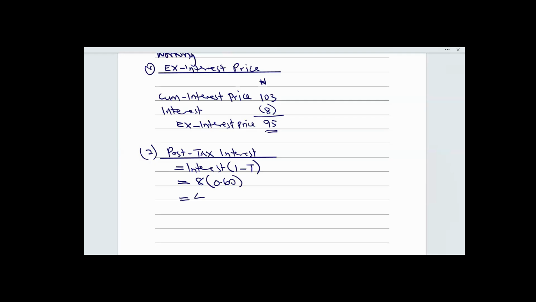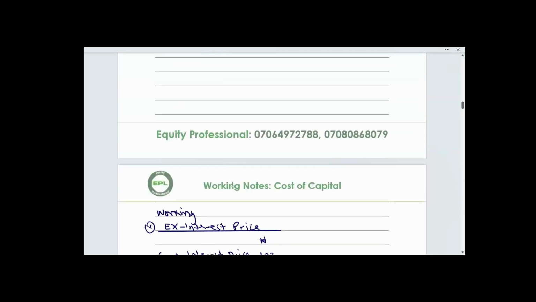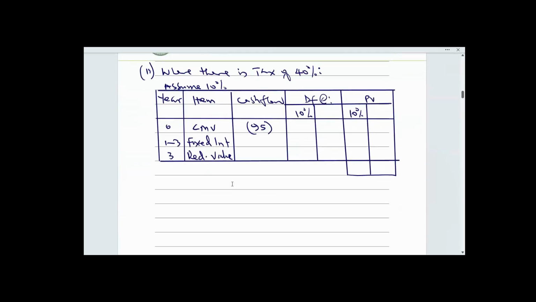So here will be 4 naira 80 kobo. So let's go and put it there. So instead of 8 naira, it will be 4.8. Then we are redeeming at 100 naira at par. Here is 1. Here is 2.487. Here is 0.751. So we multiply. Here will be 95.